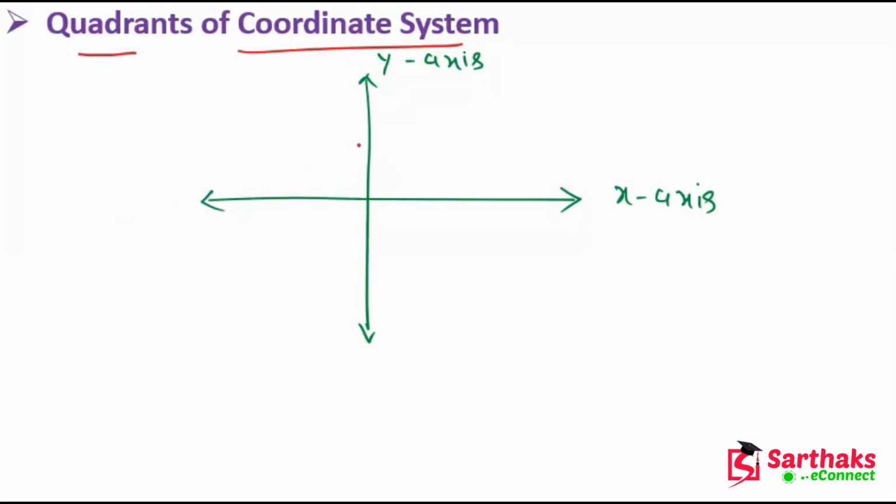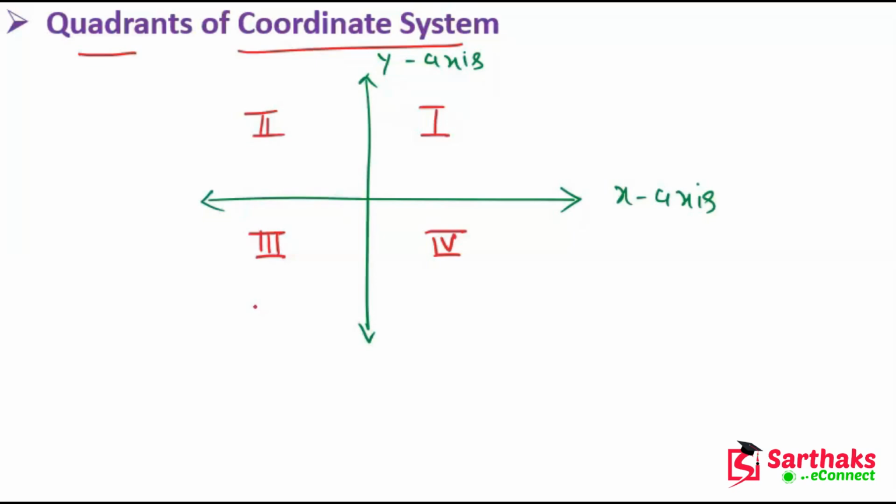So what are these quadrants? This is the first quadrant, this is the second quadrant, this is the third quadrant, and this is the fourth quadrant. I hope you understand these things.